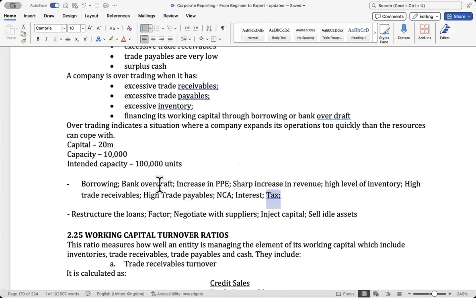As a possible solution to most of these issues, one, those people he has borrowed money from, he can restructure the loans, right? Probably they will give him a favorable, elongated period, reduced interest rates, and all of that. He could sell some of these assets, those that are idle. For receivables, he can get a factor to help him recover the money.